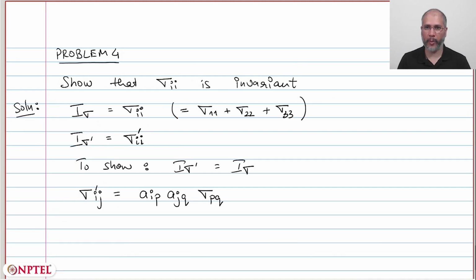So this is the forward transformation that allows us to go from a sigma to a sigma prime. Now what we'll do is we will substitute j equals i here. I'll do it in the same expression. So this becomes sigma ii prime, and this becomes A IQ.